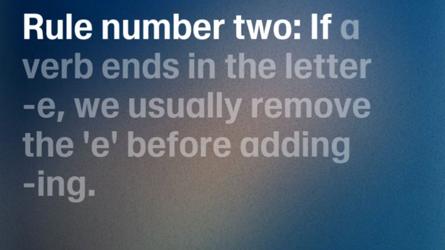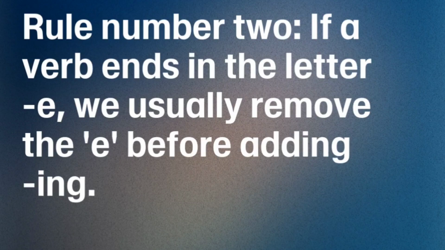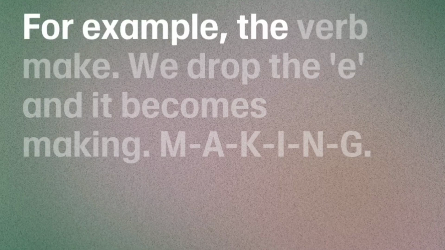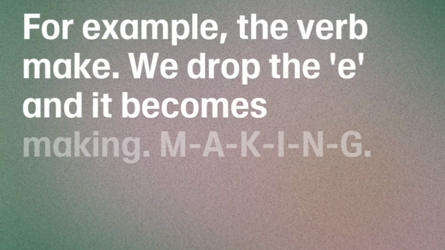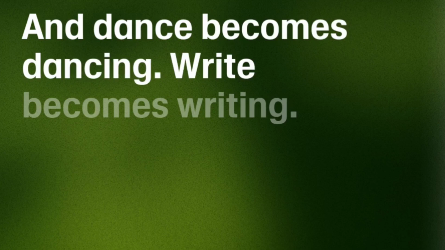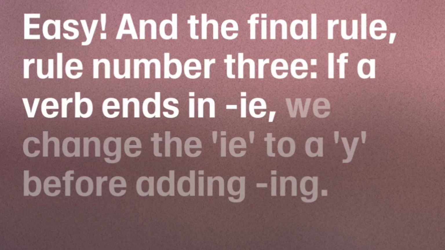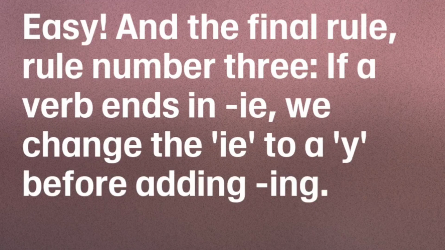Rule number 2. If a verb ends in the letter E, we usually remove the E before adding ing. For example, the verb make. We drop the E and it becomes making. M-A-K-I-N-G. And dance becomes dancing. Write becomes writing. Easy. And the final rule, rule number 3, if a verb ends in IE, we change the IE to a Y before adding ing.